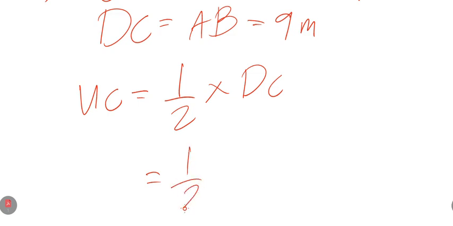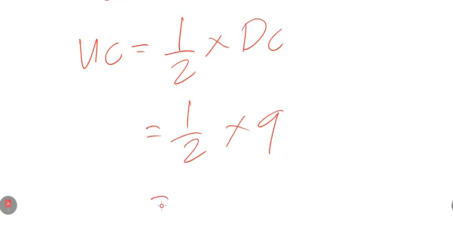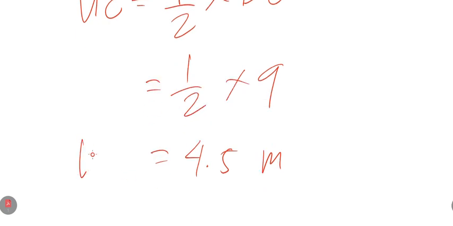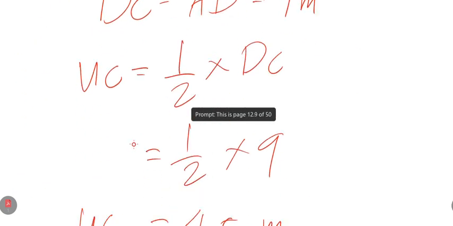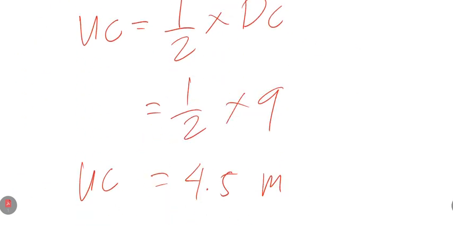So we have one half of DC. So we have one half times 9 equals 4.5, not cm, it's m. So that would be the value of UC here. That is the value for the first problem that we're able to solve here.